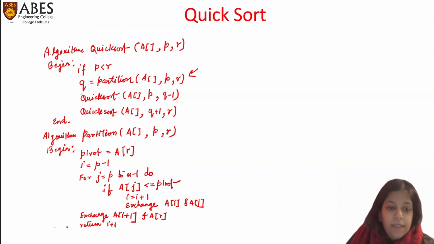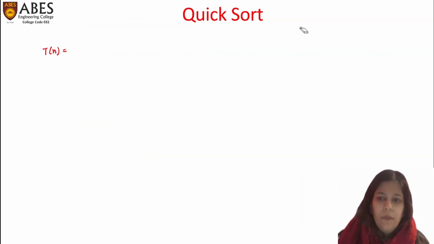Now, let us see how the complexity can be analyzed for this particular algorithm. Suppose the total time taken to sort the array using the quicksort algorithm is given by T(n).